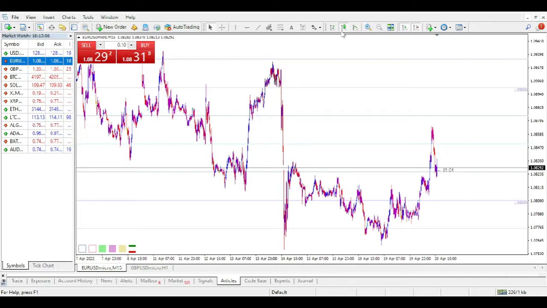Some of the news really doesn't do anything. About 95% of the time it comes, it goes, and really does not move the market or have any impact on the market.